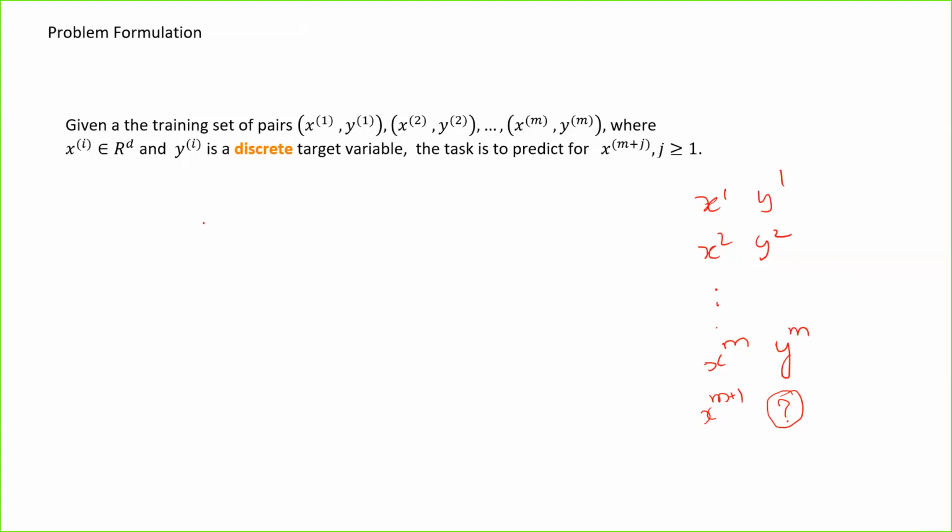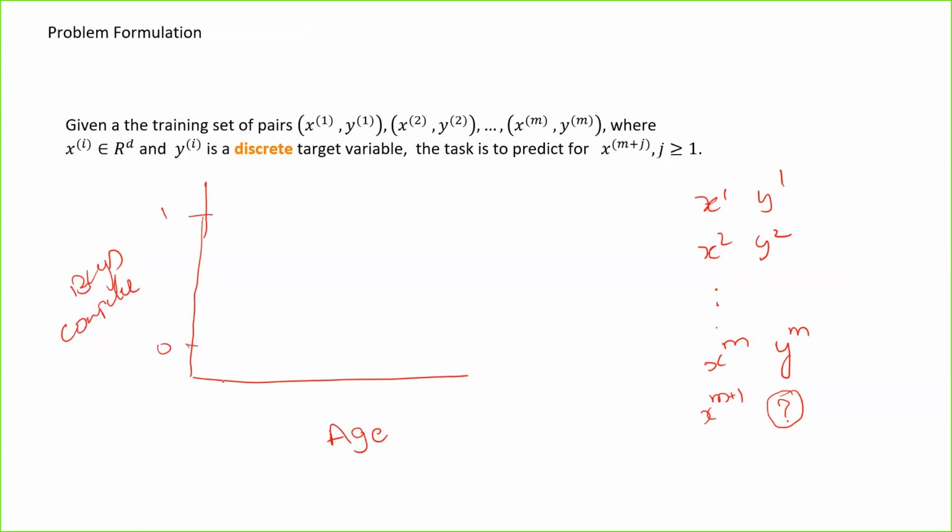The feature based on which we are making this prediction is the age of a person, so the input variable X is age, and the output variable is whether a person buys a computer or not.